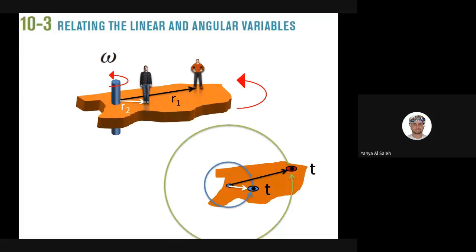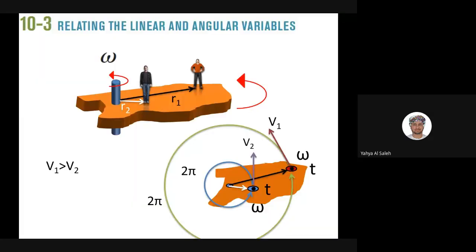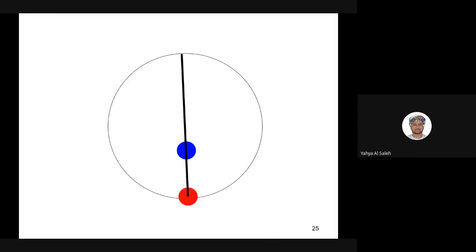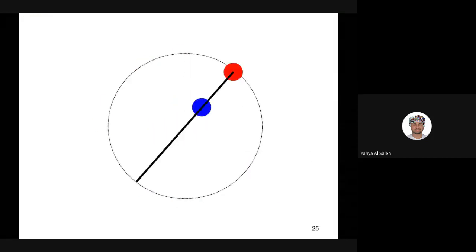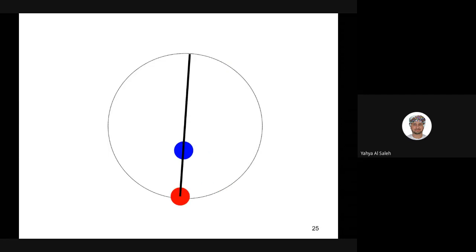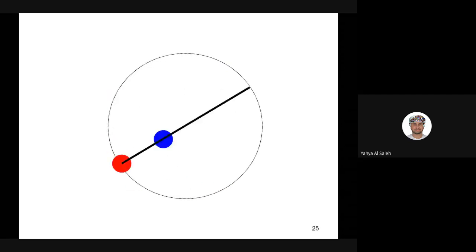Same time. So if they move two different distances in the same time, what does that tell us? Different linear velocities, but the same angular velocity. If I trace them, this is what I see. It looks like the blue guy is moving at a different velocity than the red guy.